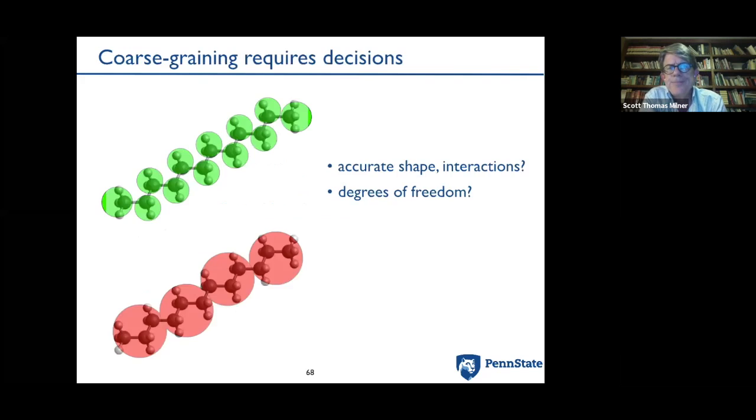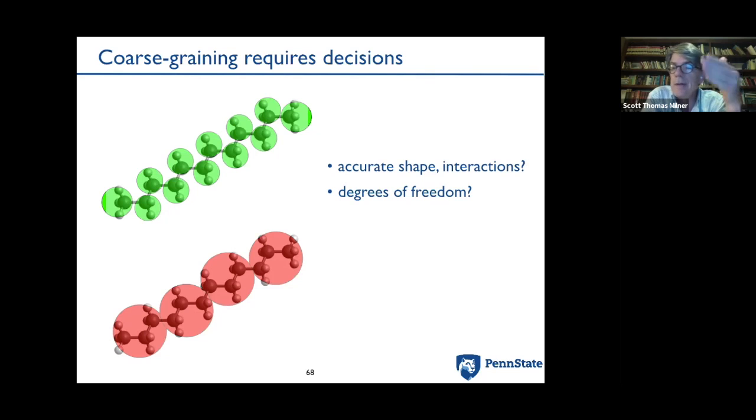And so coarse graining, which is what we're talking about now, requires some decisions about what you're willing to give up. So the top picture, the green, is showing decane, coarse grained as united atoms, and for many purposes that's probably fine, although not for simulating ordered phases of decane, for which the particular shape of where the hydrogen bumps come off the carbons are important.